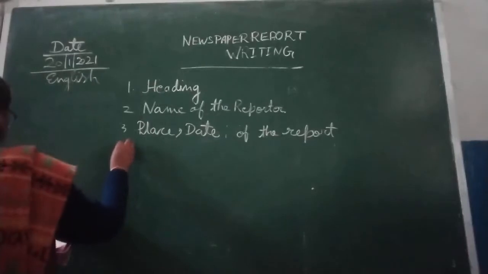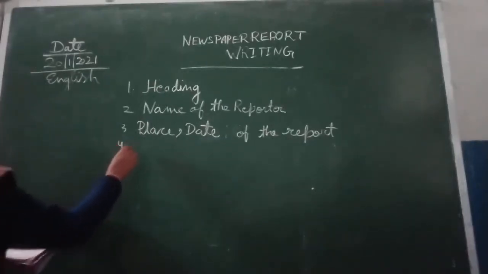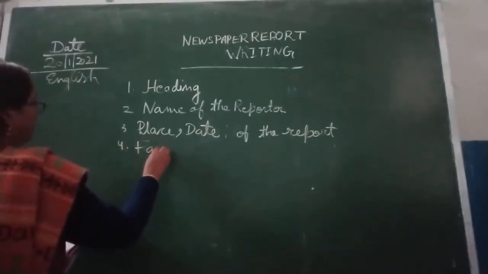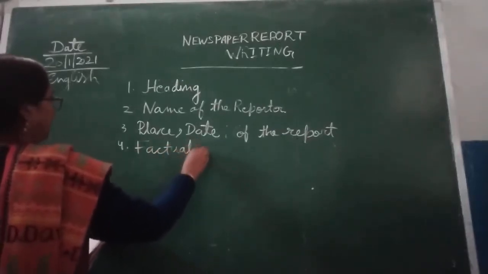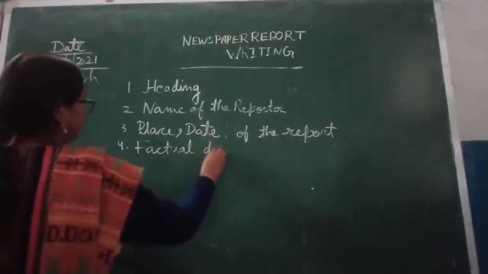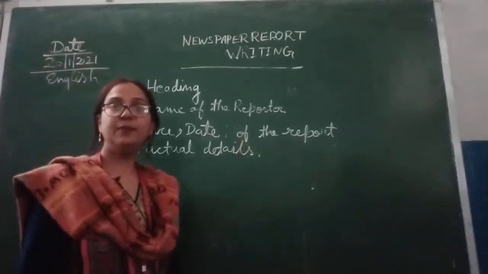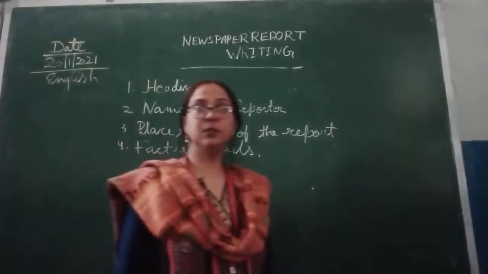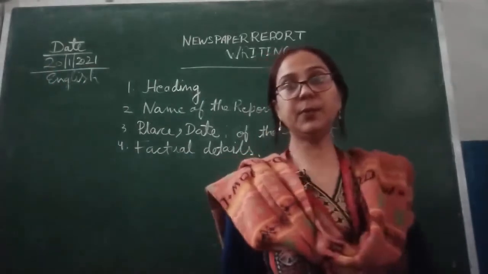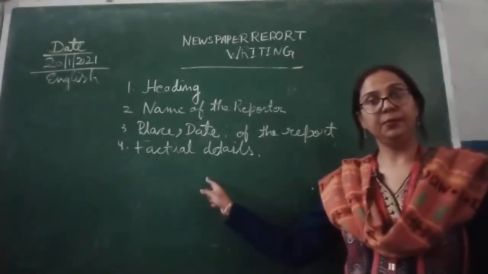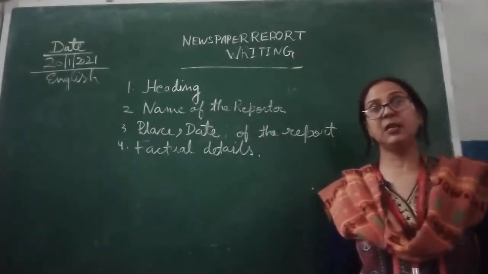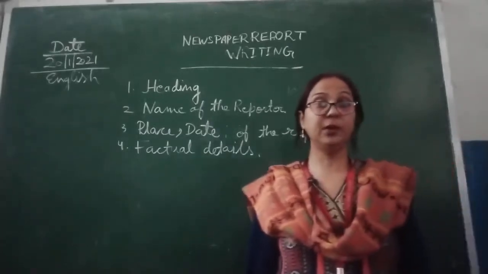And now the fourth thing that is also very important for a newspaper report, that is factual details. Yes, children? This is also a very important part because you are writing a newspaper report on the facts. You are not creating any story. You are not writing story writing.